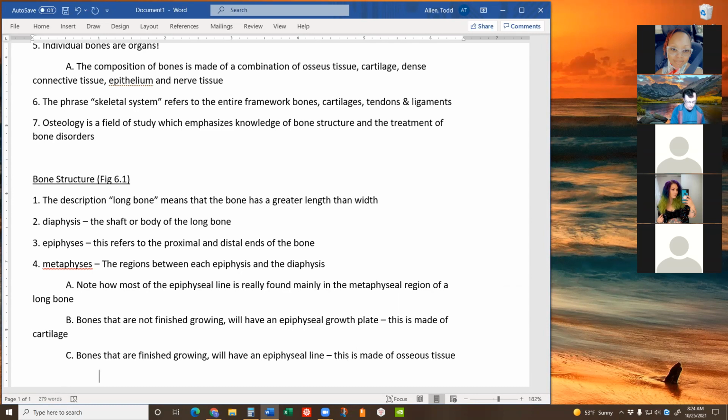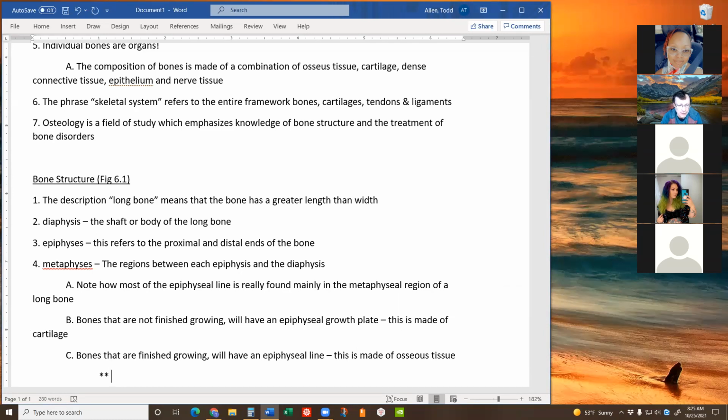So it would be important to appreciate that when we are young folks, when we're adolescents, when we're still growing up, right? Our bones are going to have cartilage in them that are more properly called the epiphyseal growth plates that respond to growth hormone manufactured and released by the pituitary gland of the brain, which, as you all experts now know, the pituitary gland is nestled in the sella turcica, right?